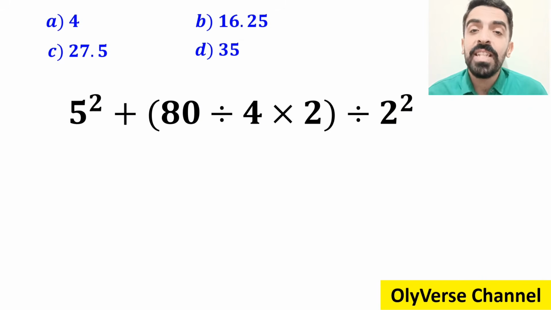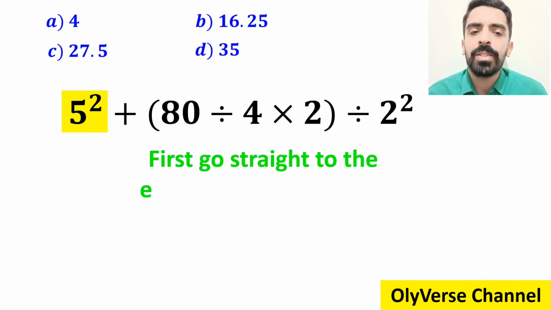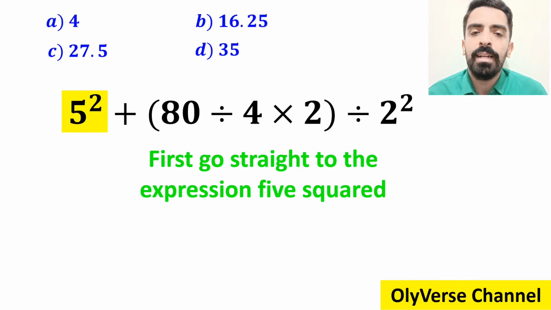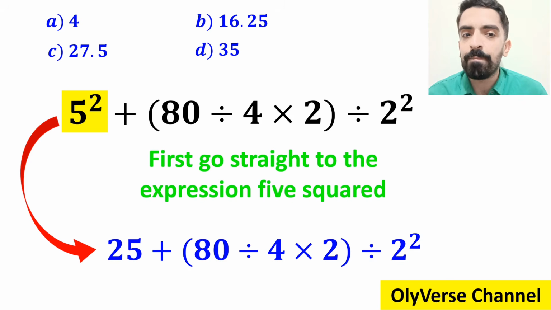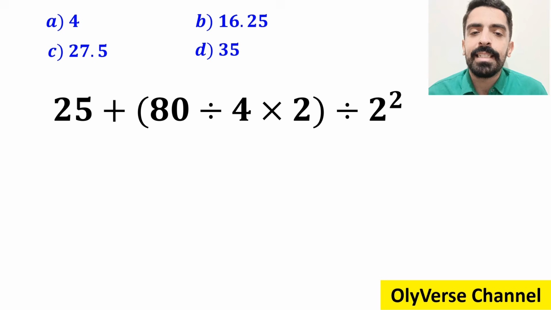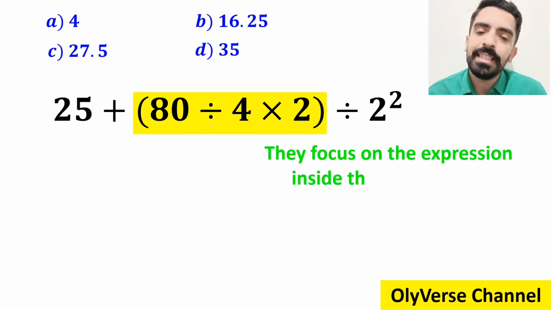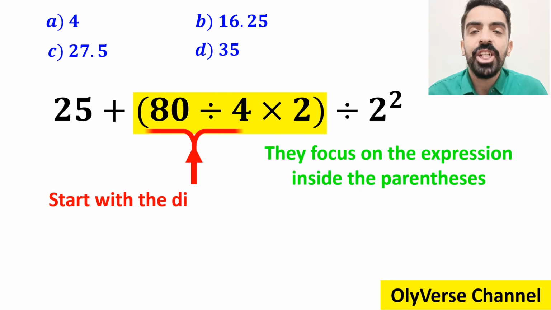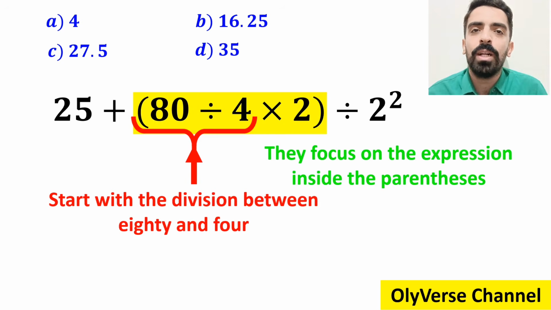Also, some other people when solving this question first go straight to the expression 5 squared and simplify it to 25 plus 80 divided by 4 times 2 inside the parentheses, then divided by 2 squared. And the next step, they focus on the expression inside the parentheses and solve with the division between 80 and 4.